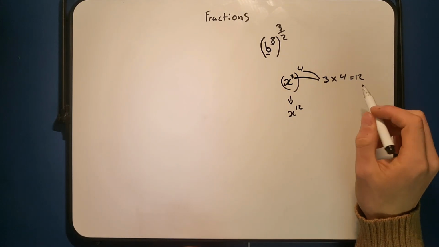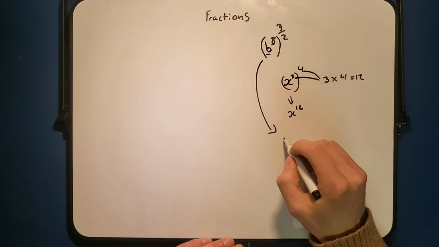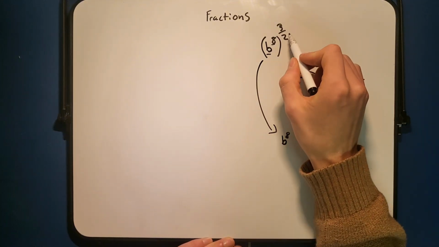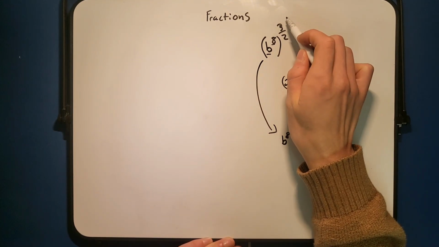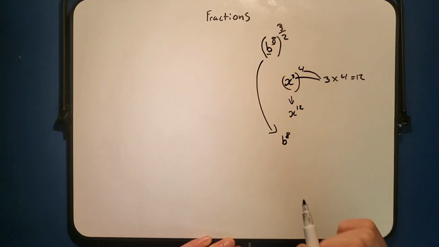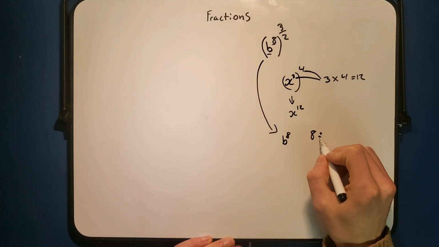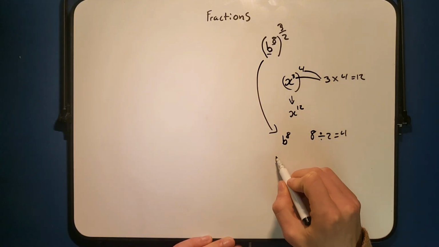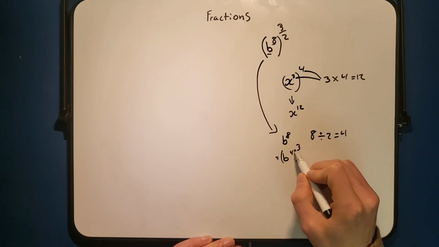So applying this same rule for this one, we will get b to the 8. Now that we have a fraction though, we are going to divide by 2 and then multiply by 3. So it's going to be 8 divided by 2, which is equal to 4. So then we'll get b to the 4 all cubed.